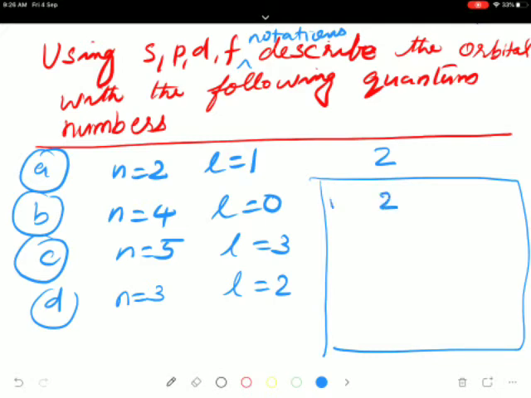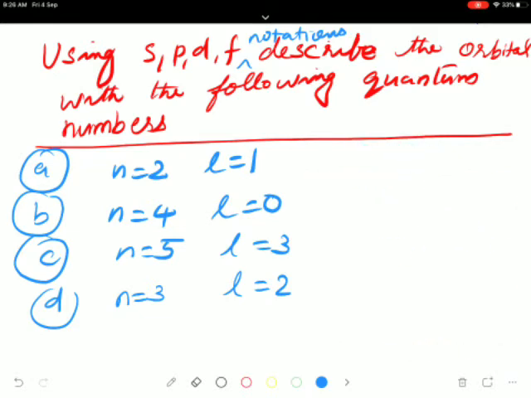When n is equal to 2, L can have two values. What are they? 0 and 1. When L is equal to 0, it is an s orbital. When L is equal to 1, it is a p orbital. So what is the name of that orbital? Is it 2s or 2p? This is 2p. The answer is 2p. Next.